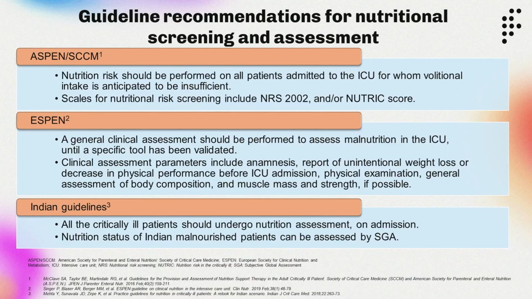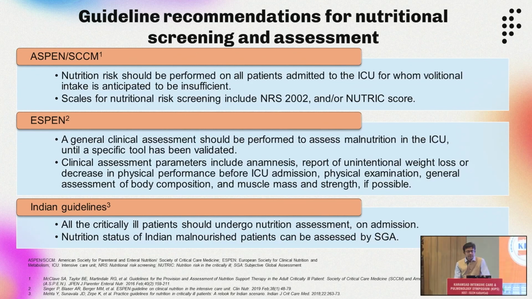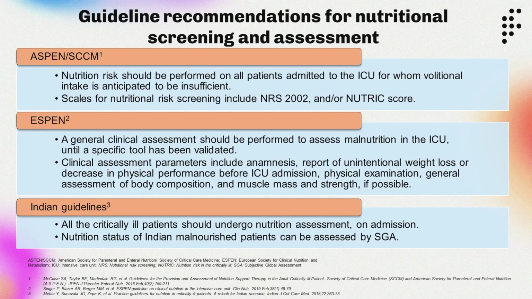Now, the recommendations of ASPEN, ESPEN and Indian guidelines. The ASPEN or SCCM guidelines recommend that nutrition risk assessment should be performed on all patients admitted to the ICU for whom volitional intake is anticipated to be insufficient. That means only in selected patients do they screen for malnutrition, not every patient. Scales for nutritional risk screening include NRS 2002 and or the NUTRIC score.